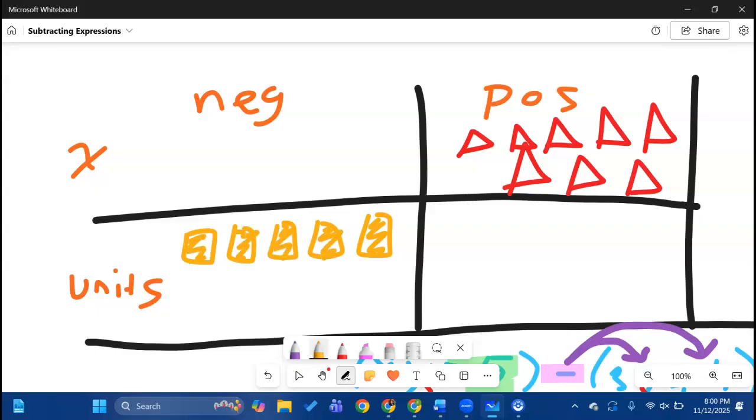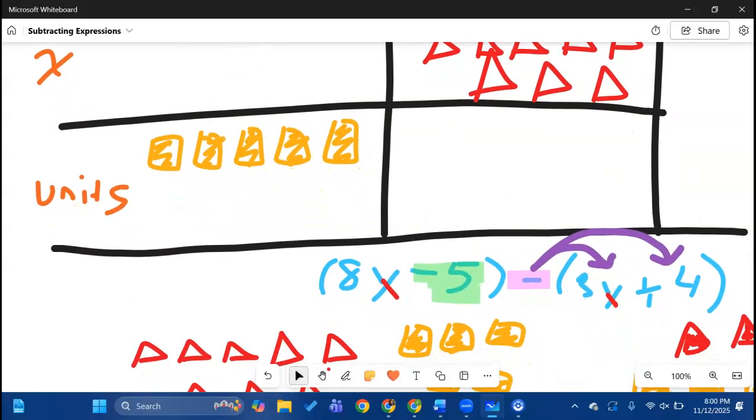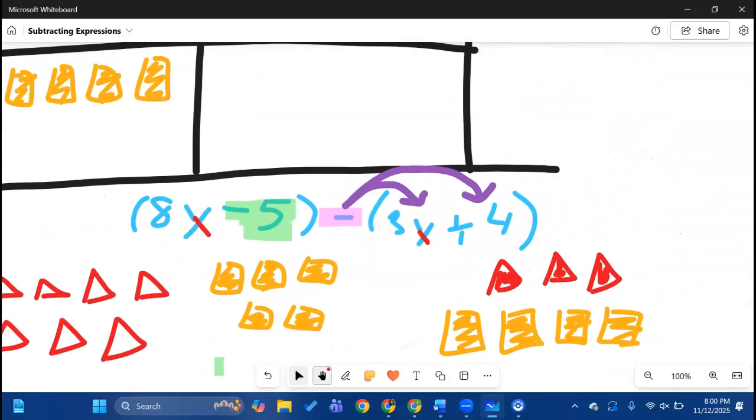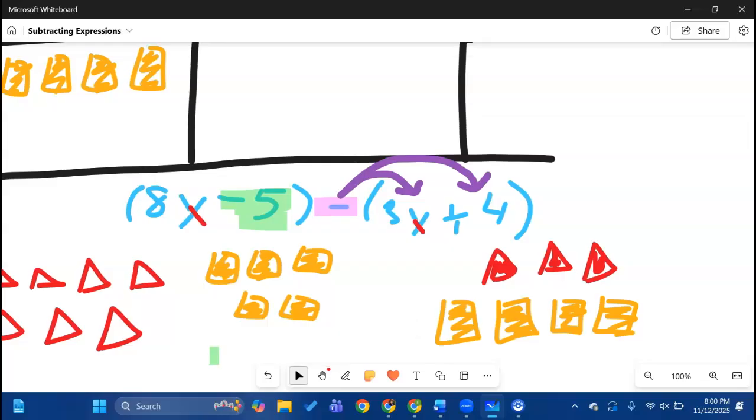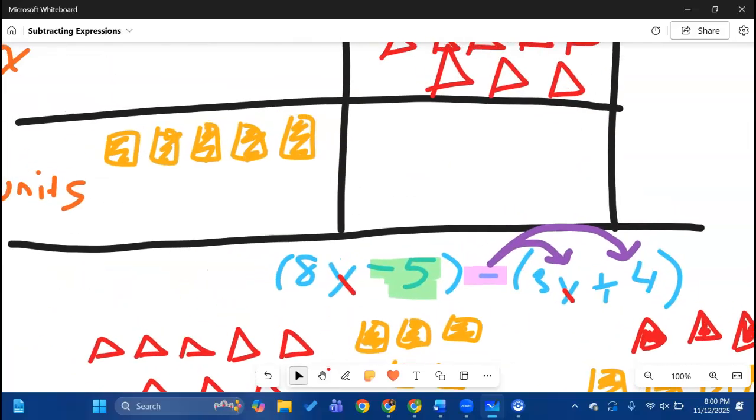So both of those are coming from our first linear expression, the positive 8x minus 5. Now we're subtracting the 3 red triangles and the 4 gold squares. So we have to include those in the correct spots.